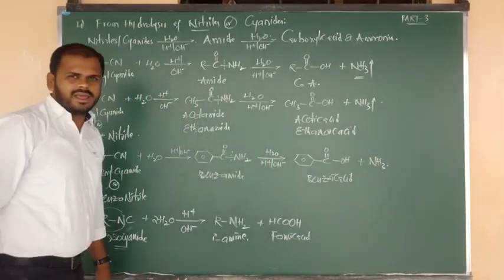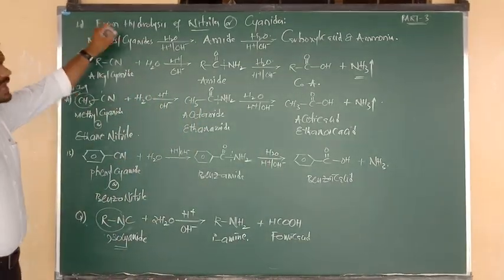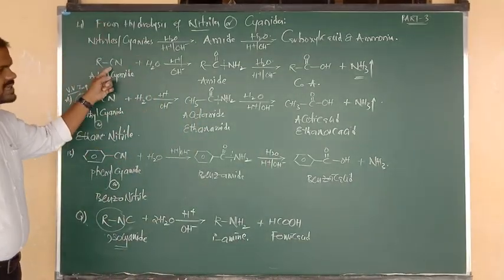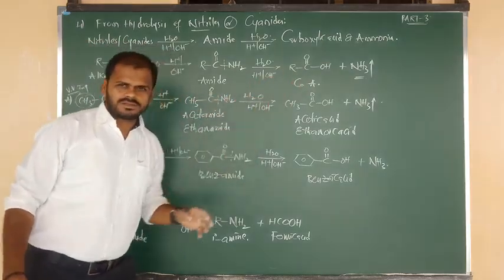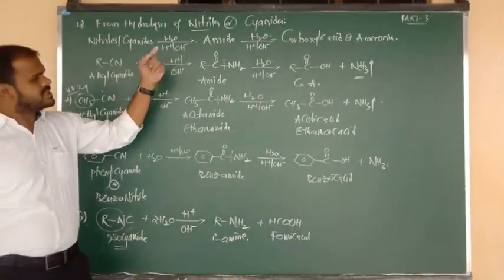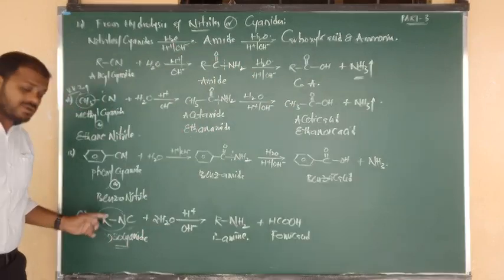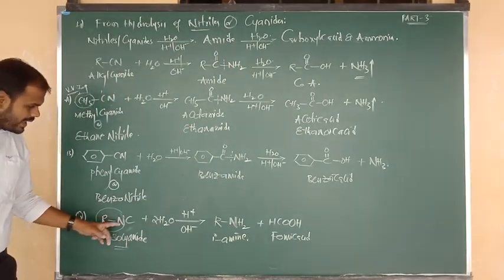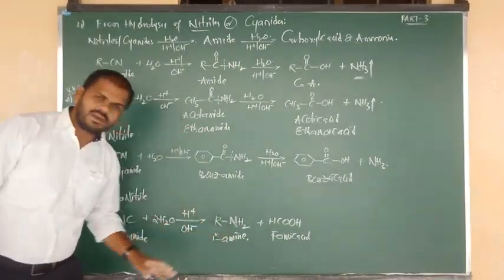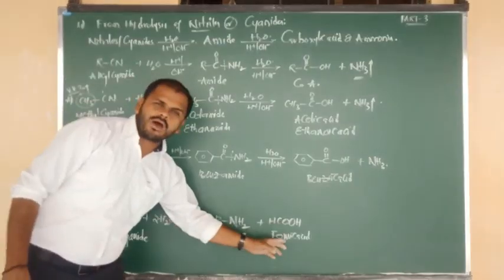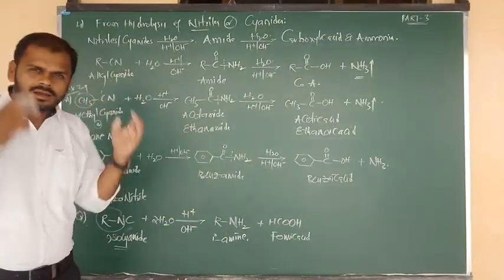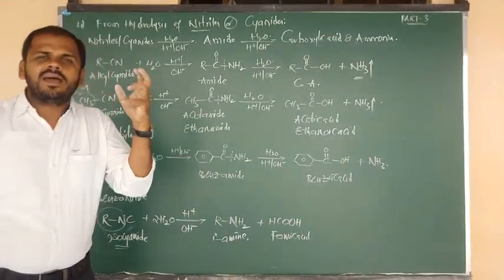Formic acid. Clear? Once again, cyanides upon hydrolysis, the C form changes into carboxylic acid, and free nitrogen changes into ammonia. Isocyanides upon hydrolysis, the N form changes into primary amine. Free carbon changes into formic acid. In that short manner, you have to remember the data in your mind.